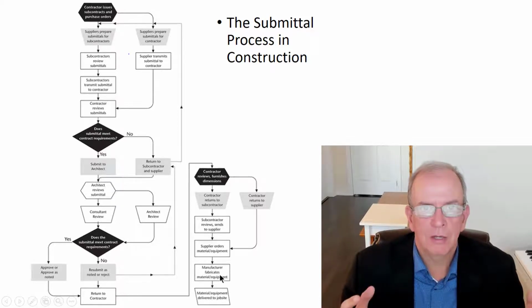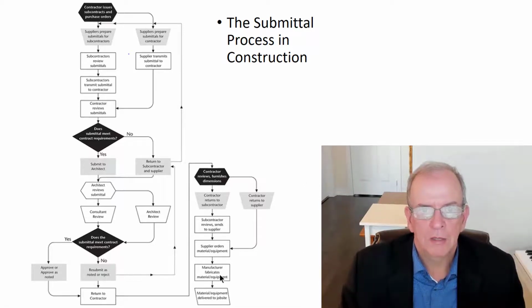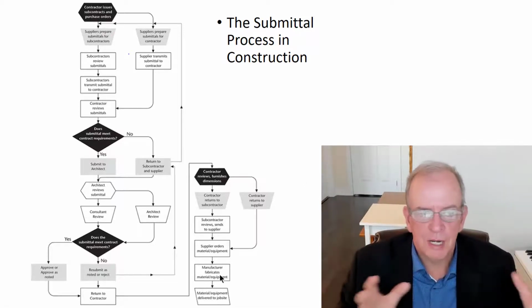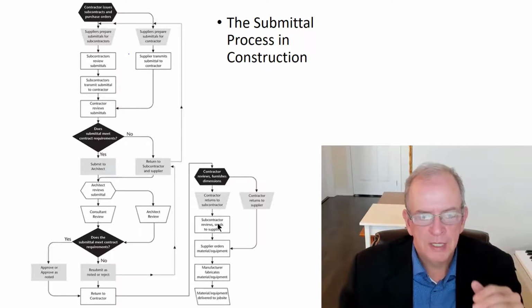So like our example in the previous lecture, if they have to fabricate the curtain walls, it's a bunch of assemblies. It has to go together. And then material and equipment is delivered to the job site. Contractor returns to the supplier. So the contractor reviews, furnishes, dimensions if it's returned to the contractor, and then they give it to the supplier. So it just depends whether it's dealing directly with the contractor or it has to go through a subcontractor. That would be the steps that are involved.